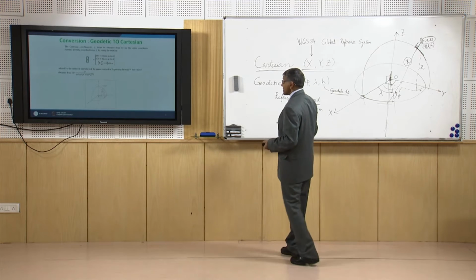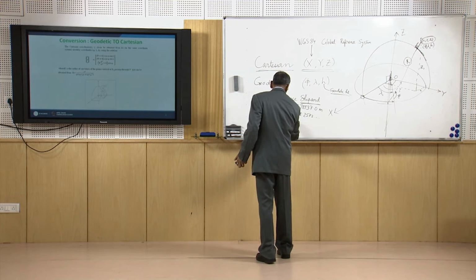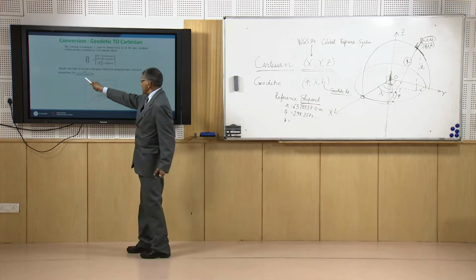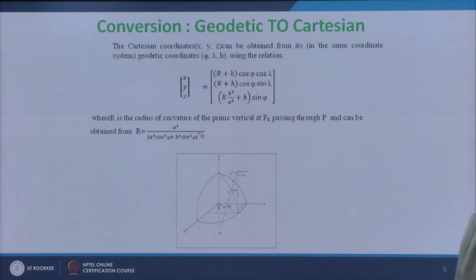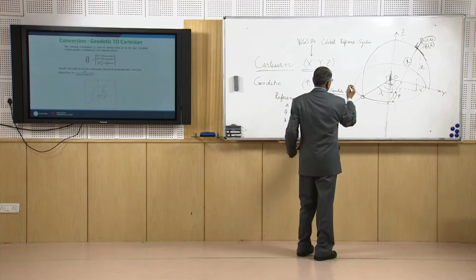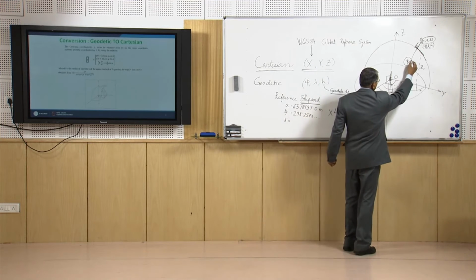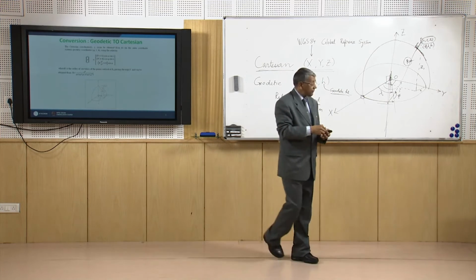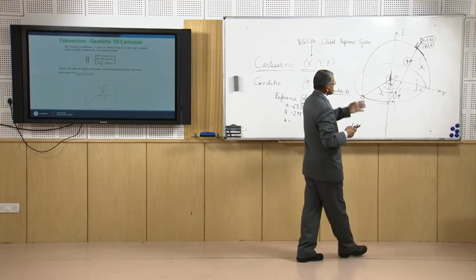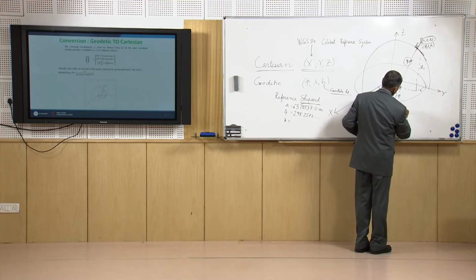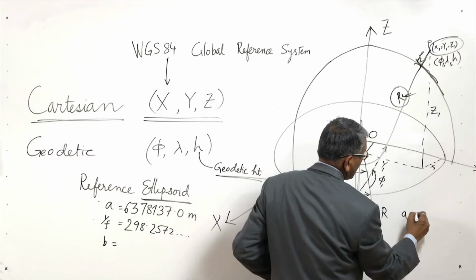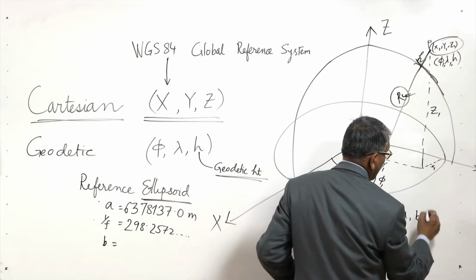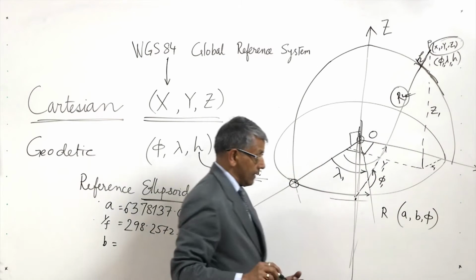R can be determined by using the semi-major axis as well as the semi-minor axis, where b is the semi-minor axis, and it also depends on the latitude of the place. So the radius of curvature at any point on the surface of an ellipsoid depends on three factors: semi-major axis, semi-minor axis as well as latitude of the place.